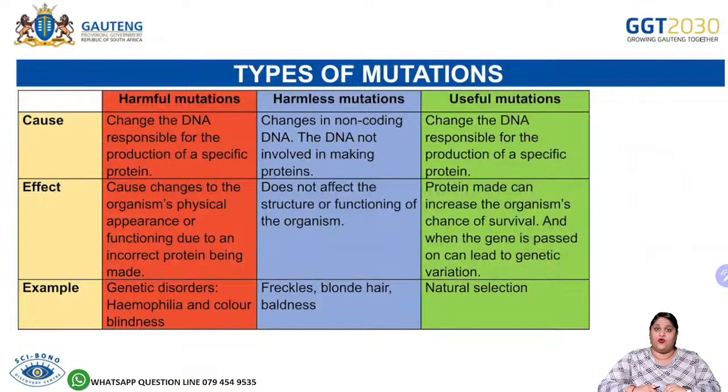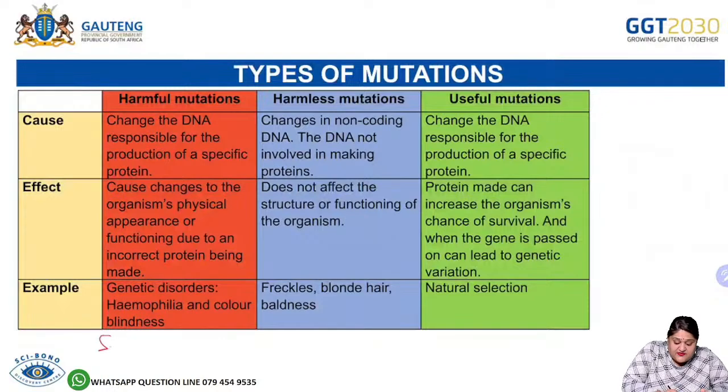But now you also get mutations that are harmful, harmless, and useful. Okay, so let's have a look at this table. If we look at harmful mutations, we are looking at it in a cause and effect manner, with an example. An example of a harmful mutation is genetic disorders, for example hemophilia and color blindness. What actually causes hemophilia and color blindness? You learned about this when you were doing genetics, right?